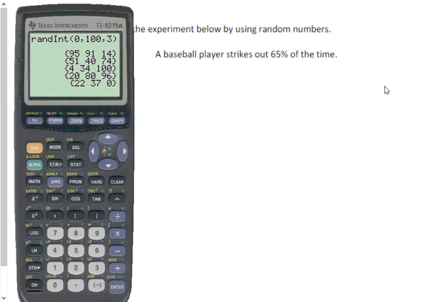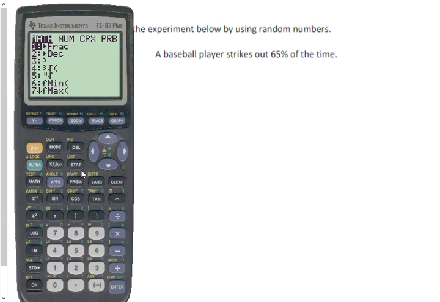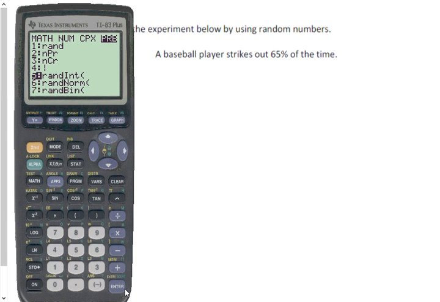Well, if I strike out 65% of the time, that means the chances of me striking out are 65%. So when I look at my random numbers, let's get rid of this. Random integer.